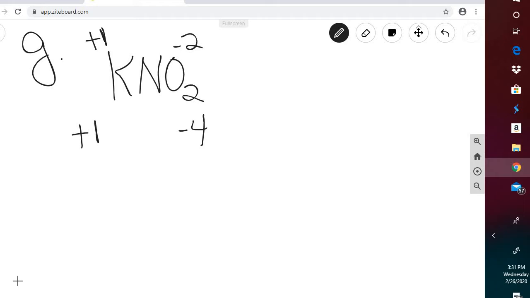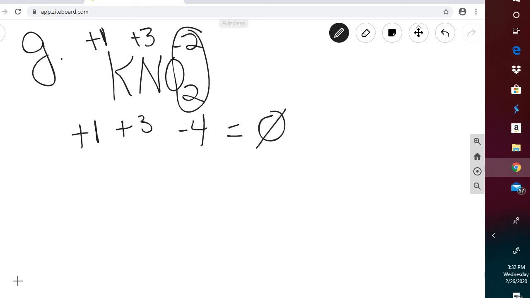The charge on this whole molecule is 0, and therefore the nitrogen has to be +3. Okay, so +1, +3, and then this gives us a -4, so that the total charge is equal to 0.